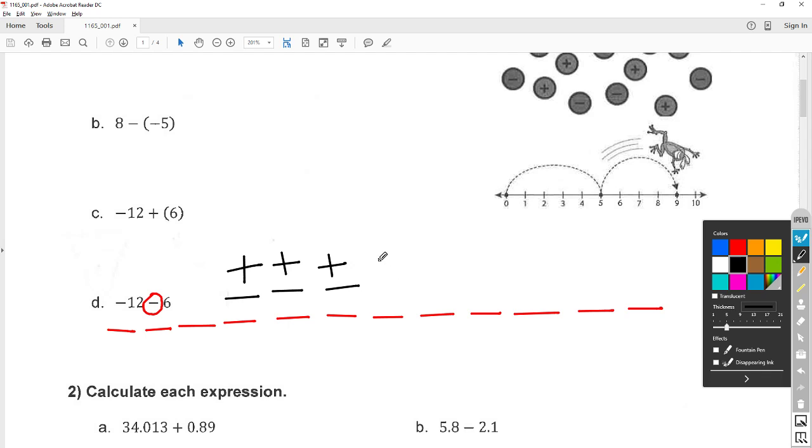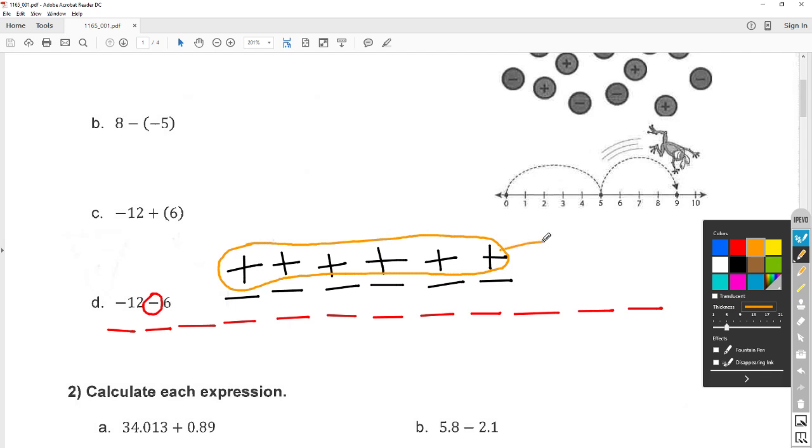I'm going to need a total of 6 0 pairs here, because that will give me 6 positives. 1, 2, 3, 4, 5, and 6. So notice here are my 6 0 pairs. And there's the 6 positives that I can remove. So once I remove those 6 positives, I'm left with a total of 18 negatives. So my answer is going to be negative 18. Okay?